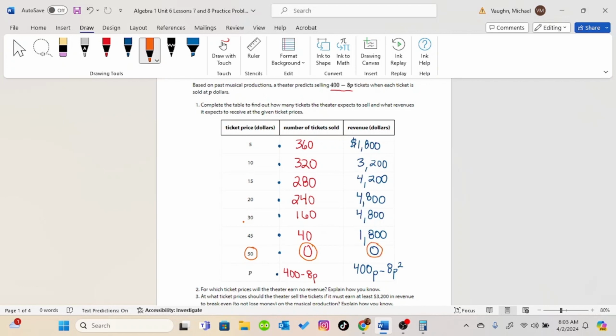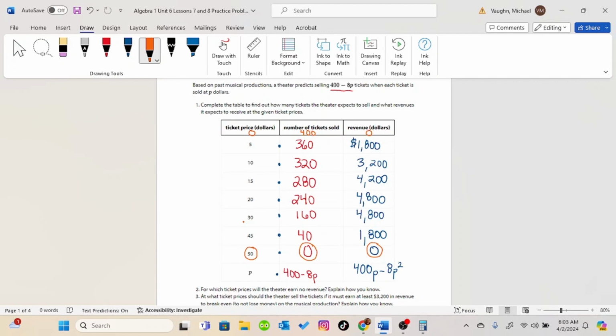But if we said that there was no ticket price, we would also have $0. We could have 400 tickets given away, and that would generate $0.